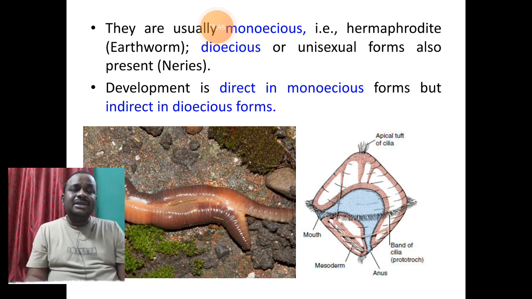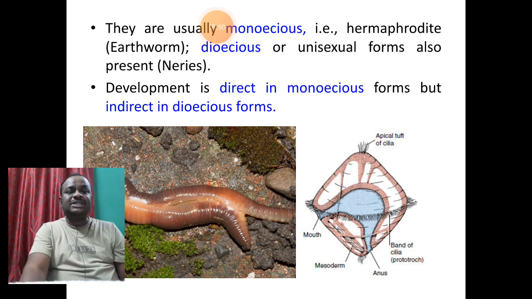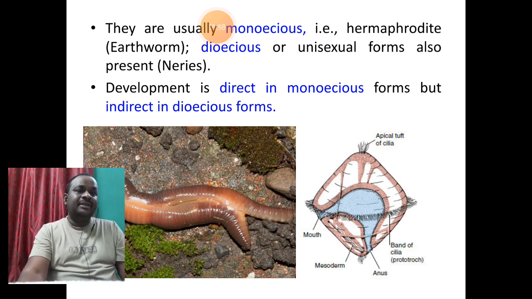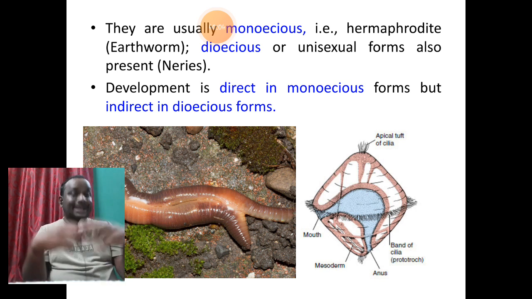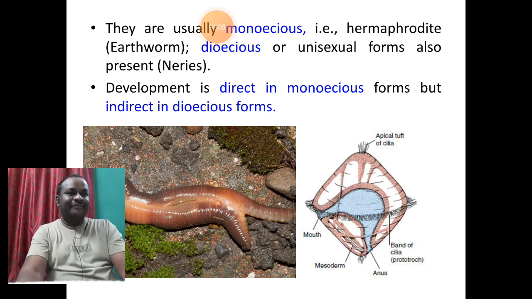They release their gametes and those gametes fuse to form a larval stage called a trochophore larva. When a larval stage is included in the developmental stage of an organism's life cycle, we call it indirect development. So in all dioecious organisms where sexes are separate, you generally find the presence of trochophore larva.